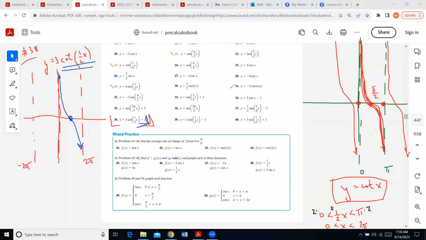Bring this down, right, by 2 units. So what's going to happen now? Well, -2 will be here. That will be the point. So I carefully put the same asymptotes, pi over 2, and now the cotangent looks like that.